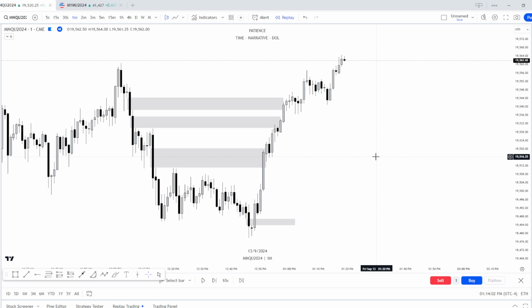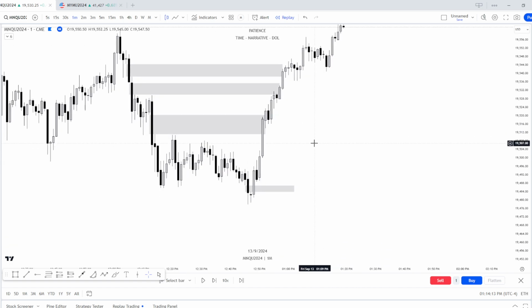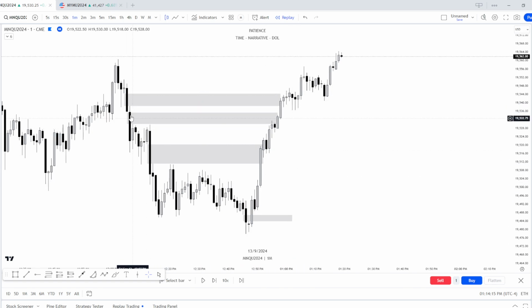And the most important part, I would say, of an inverse fair value gap is having the actual reasoning to take a trade based on that fair value gap. So, like I said, they're everywhere. So if you take a trade off of every single one, it most likely won't work out the best for you.